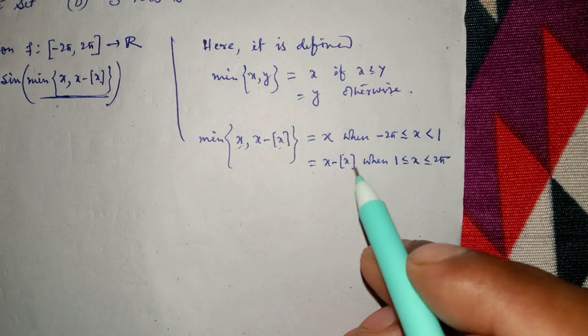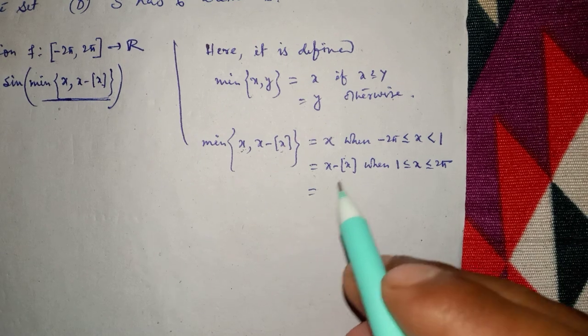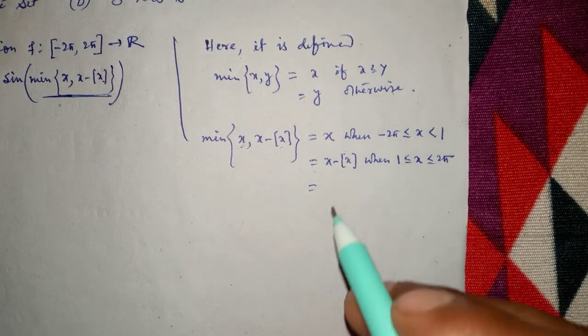When 1 lesser equal to x lesser equal to 2 pi, x minus box x, where box is the greatest integer function, so we find out first this portion also.